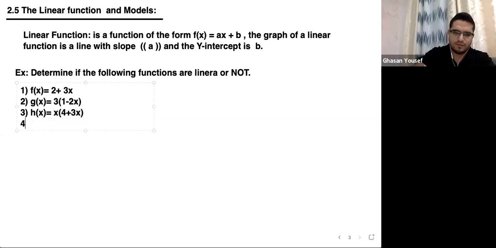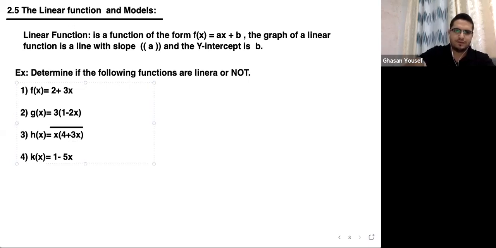And the last one, number 4, k of x equals (1 minus 5x) over 4.